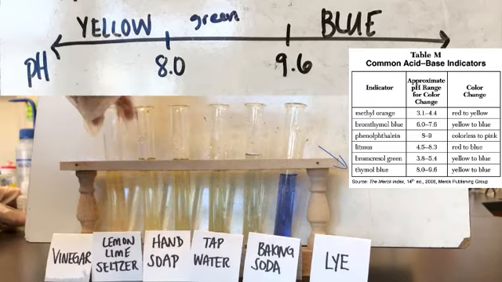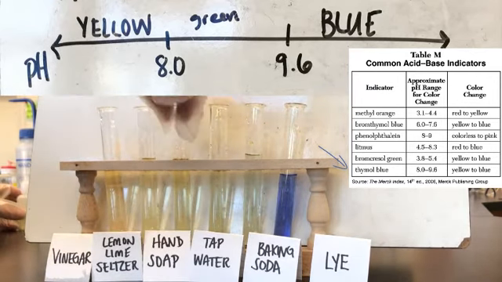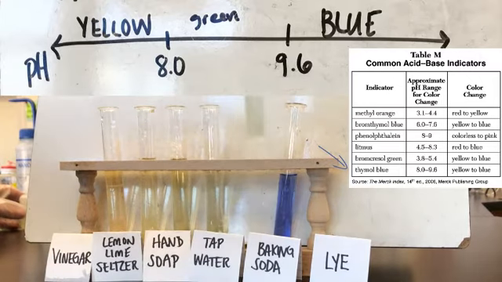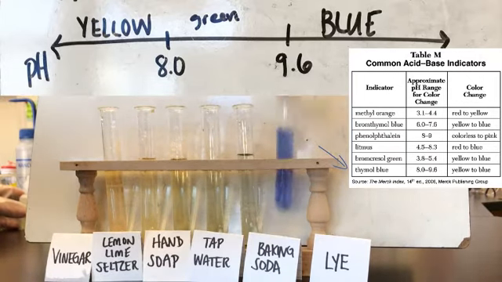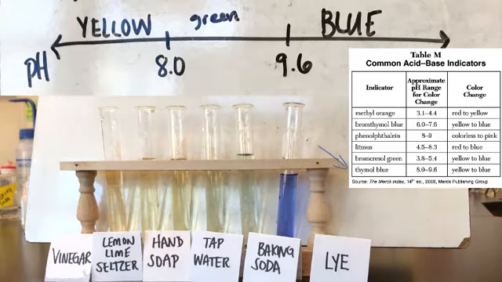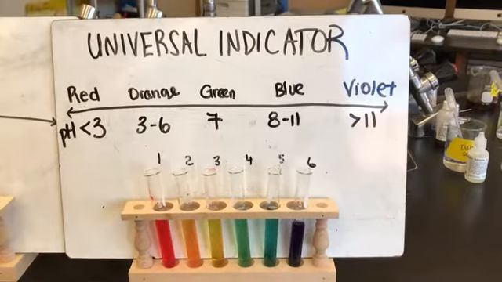So it looks like lye is the only substance that really showed a strong color change. Baking soda might have started to change a little bit, but not really. So lye has a pH of greater than 9.6, according to Thymol Blue indicator.